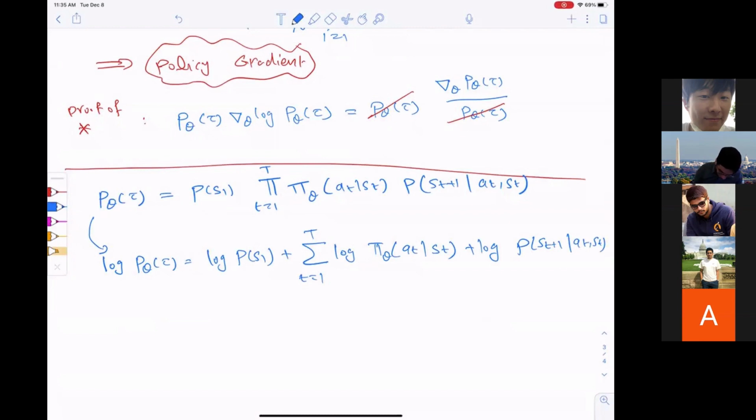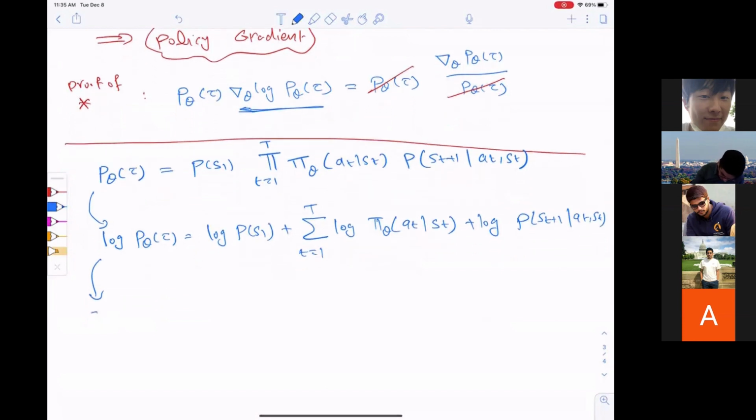Okay, now let's look at the gradient, because at the end of the day, I want to look at the gradient of the log function. All right, so does the first term depend on theta or not? No, it doesn't depend on theta, so I have 0 here. What about this term?